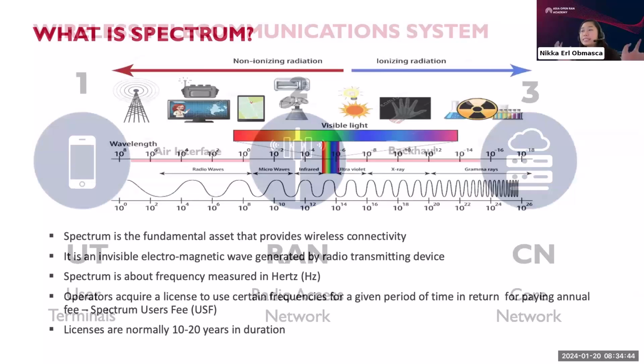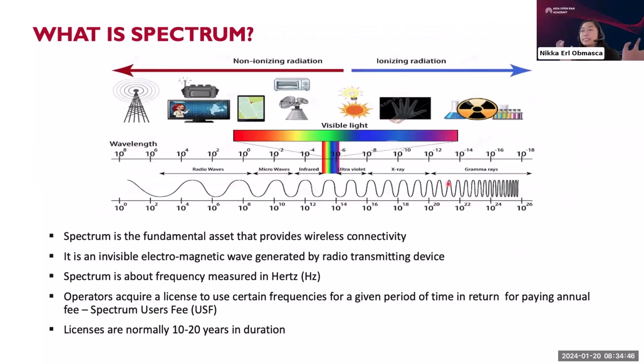Now let's grasp a little concept of the spectrum. The spectrum is the fundamental asset that provides wireless connectivity. But how are we going to understand what a spectrum is, for those who are non-engineering professionals? Let's think of a rainbow.